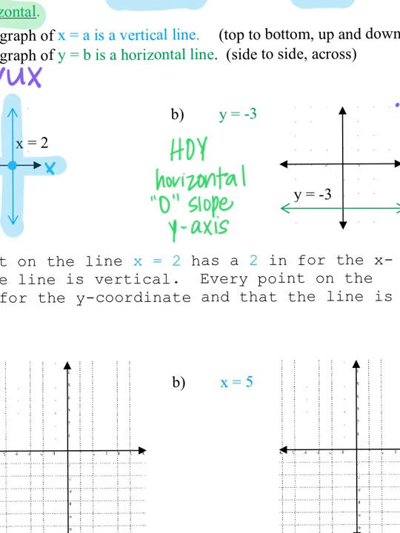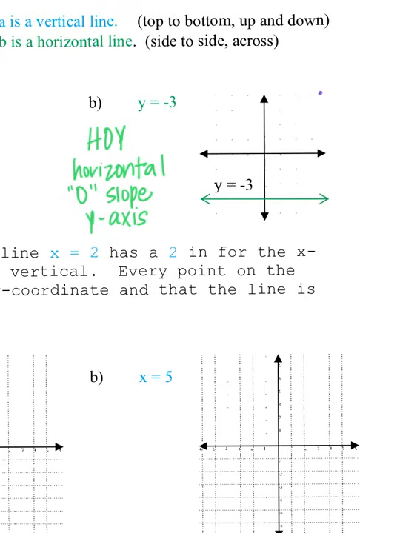So anything that is on the y-axis, which is what we have here, y equals -3, is a point on the y-axis, and we want to make our line perpendicular to the y-axis.